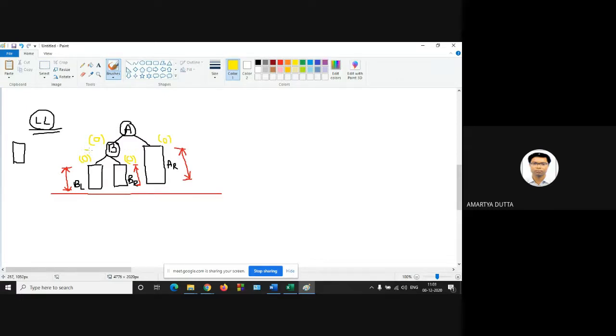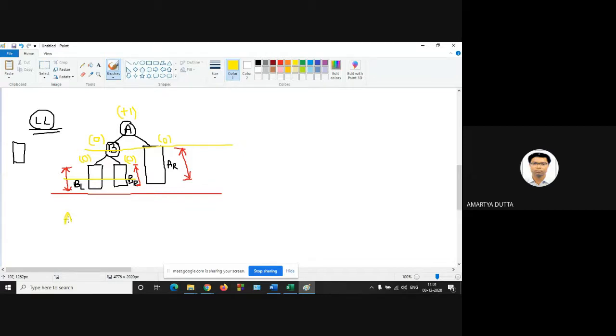Now, actually B and AR lie in the same range, and BL and BR lie in the same range. So the balance factor of A is +1. Why? Let us have an example.